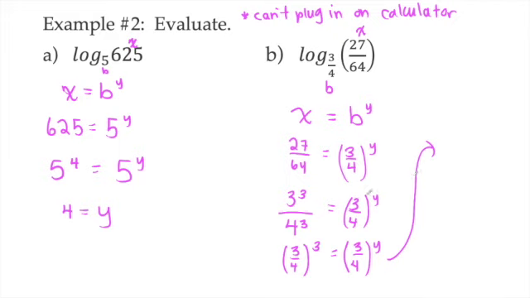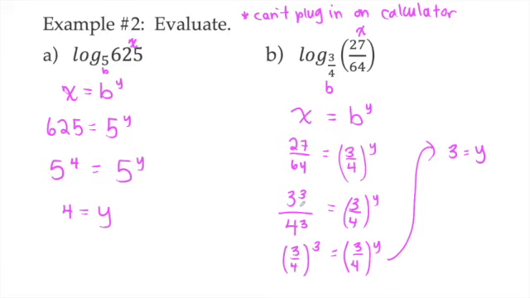You have the exact same bases, (3/4), so set your exponents equal to each other. So your answer is 3 for this example. A little tricky there, but it's just going from log form to exponential form, and then from exponential form, you already know how to solve questions like that.